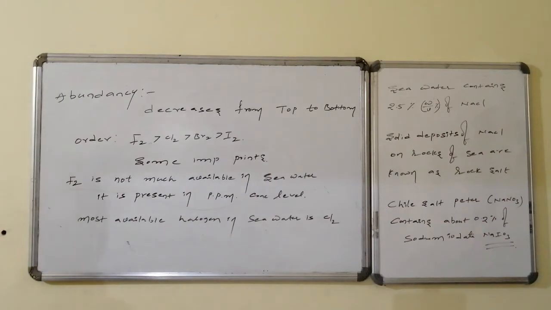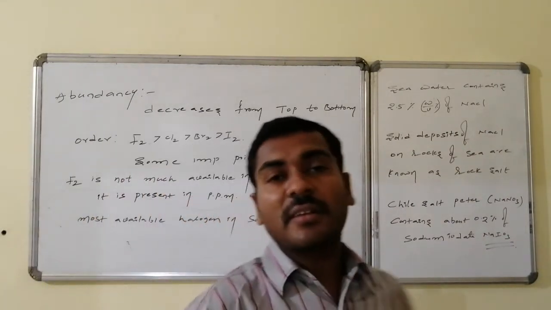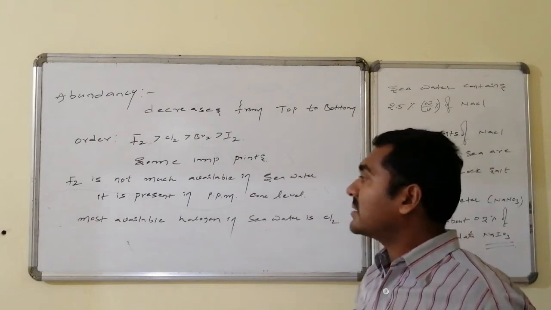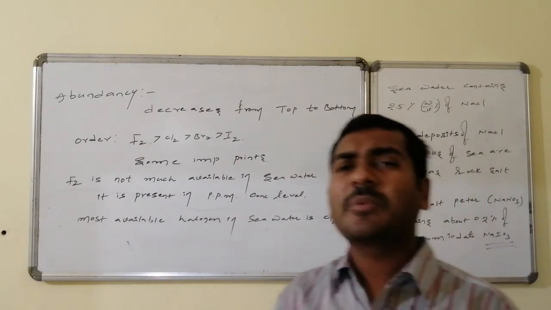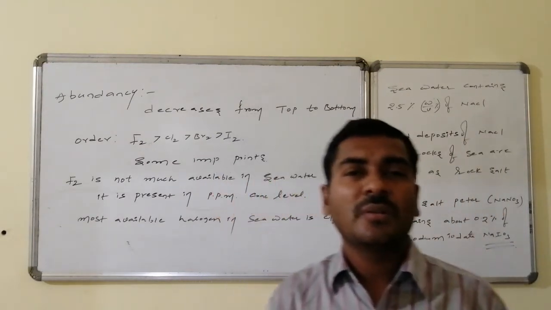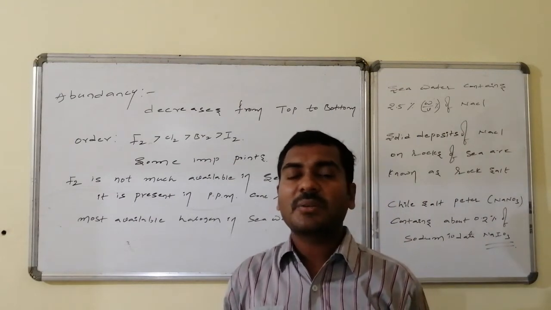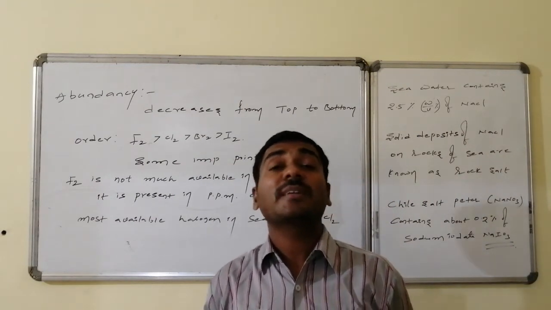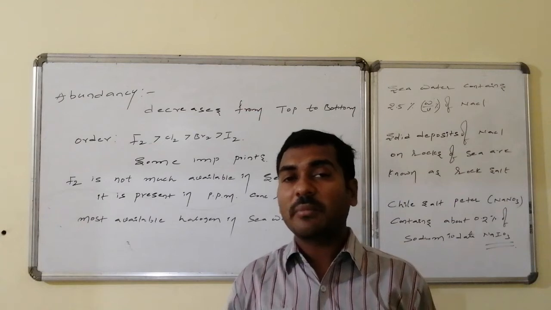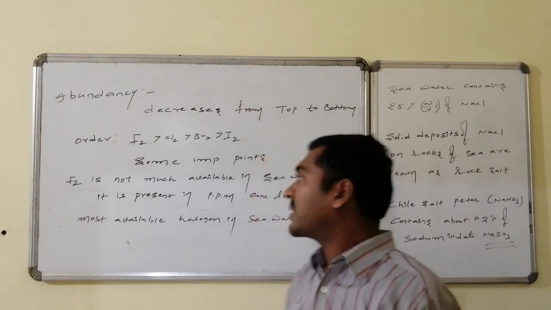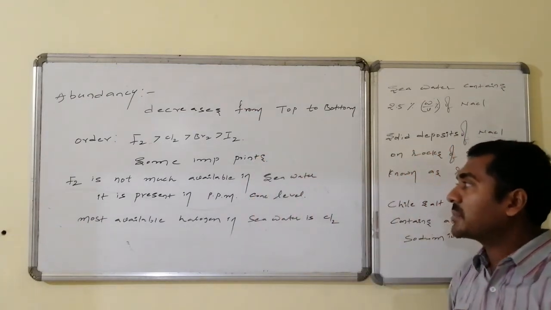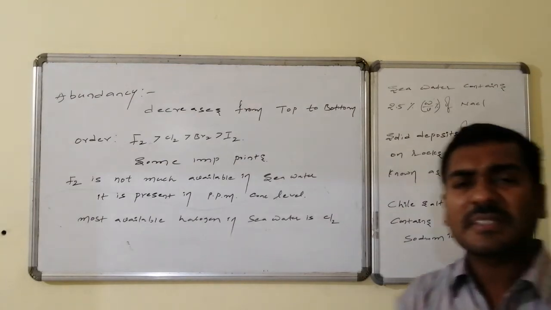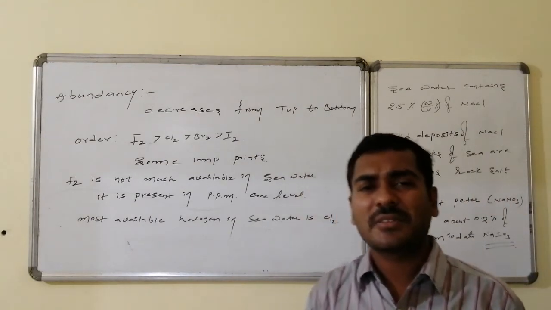Some more important points on the abundancy of the halogens: fluorine is not much available in seawater. Though the natural source of the halogens is seawater, fluorine is not available compared to the remaining halogens in the seawater. It is present in ppm level concentrations only.